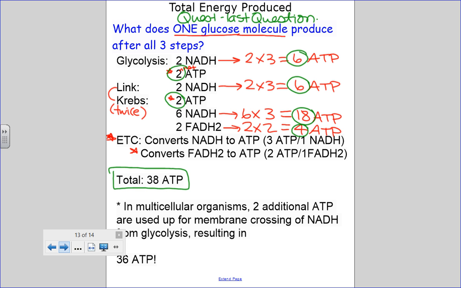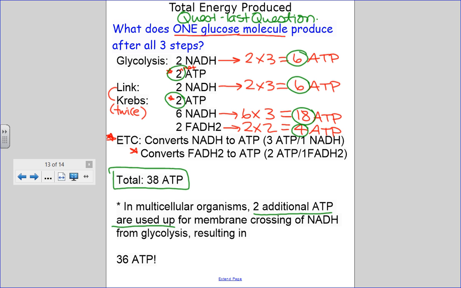And then you'll say, didn't you say that there were 36? That adds up wrong. And I will say, of course. I said there were 36, so there must be something else that is happening. So here's the kicker. If you are a multicellular organism, 2 additional ATP are used up. The reason they're used up is because there are membranes that things have to cross.